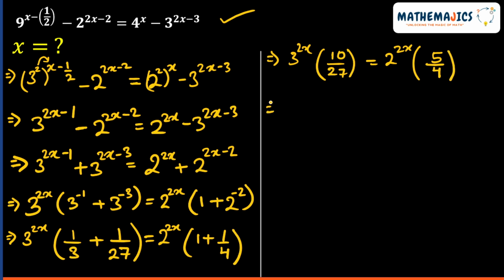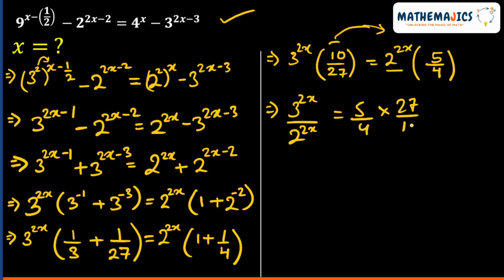Now, what we can do, we can bring this 2 raised to power 2x on the left hand side and send this fraction on the right hand side. So if we do this, we will get 3 raised to power 2x, 2 raised to power 2x. This is equals to 5 by 4 times 27 by 10. That means if we simplify this, we will get 27 by 8.